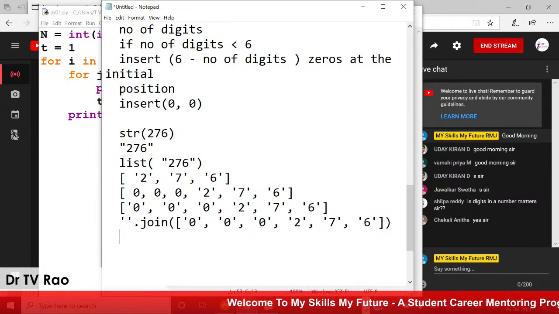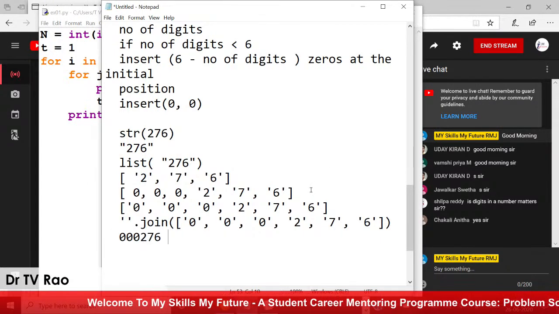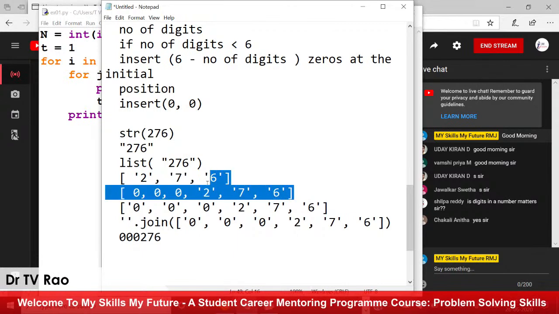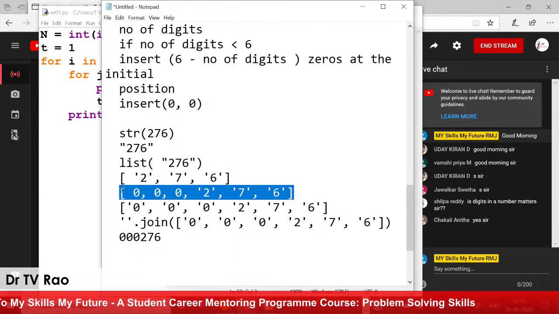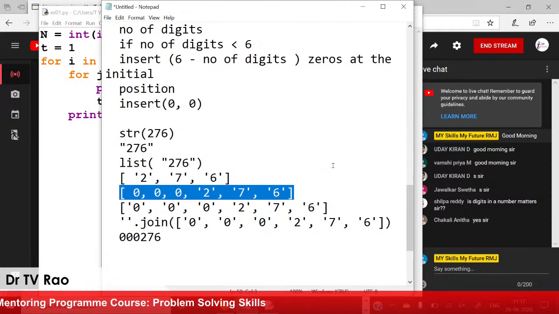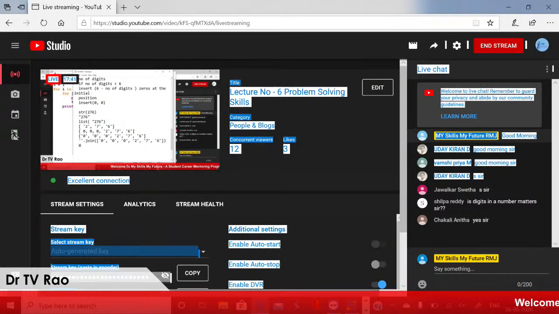So once you join, you get a single string. Otherwise, you need to convert everything into string and then join. Okay, so if you join 0 as a string, you are saving one step. Hope you understand it. Okay, so digits matter.